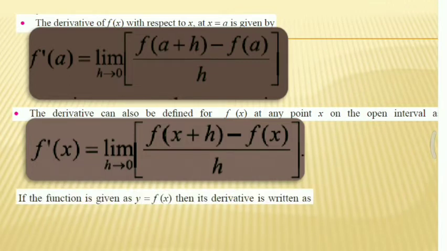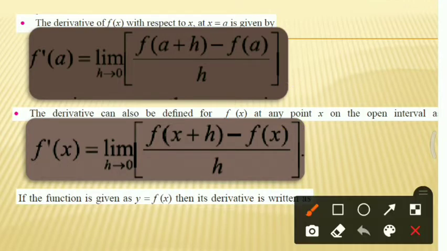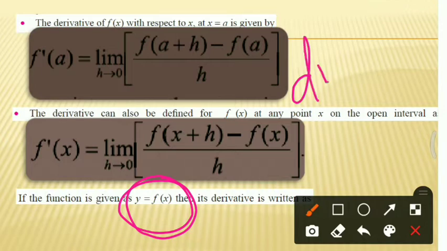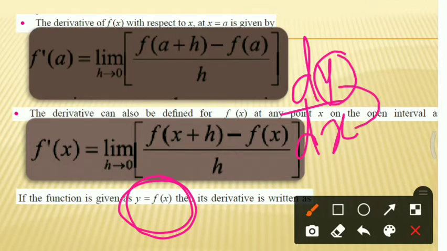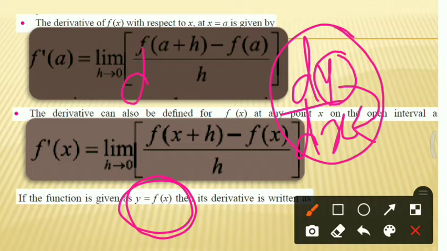Further, suppose a function is given as y is equal to f of x, then its derivative is written as dy by dx. That means derivative of y with respect to x exists. dy by dx denotes the derivative of y with respect to x.